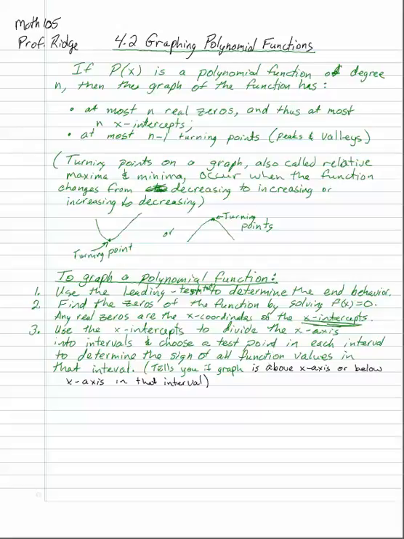The third thing is you use the x-intercepts to divide the x-axis into intervals and choose a test point in each interval to determine the sign of the function values in that interval. You're going to draw the x-axis, plot all the x-intercepts, and then pick some point to plot in each interval.